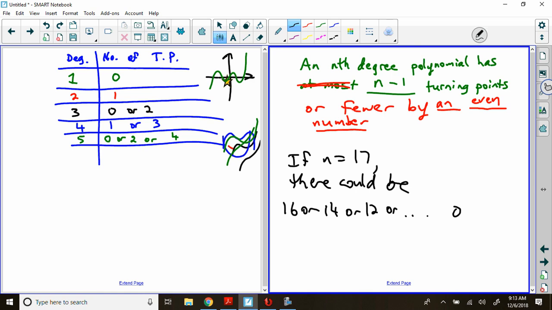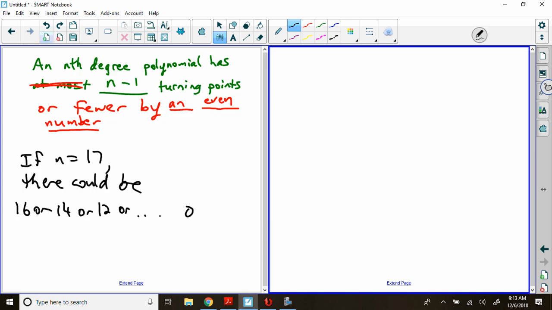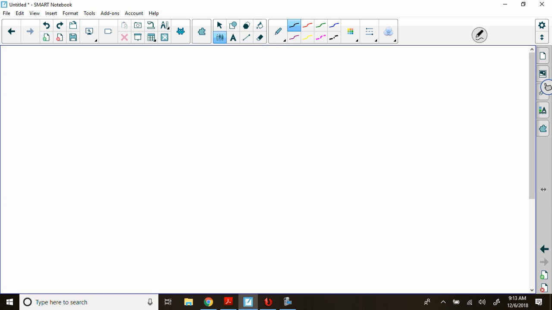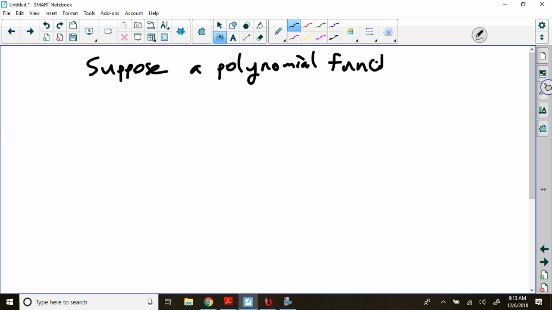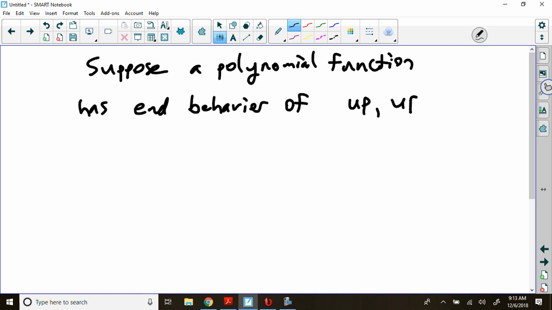I really like open-ended questions. So let's see if we can use our brains a minute and think about this. Suppose a polynomial function has end behavior of up and has 3 turning points.